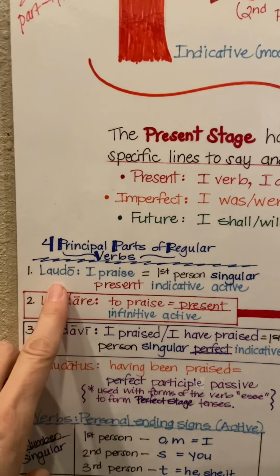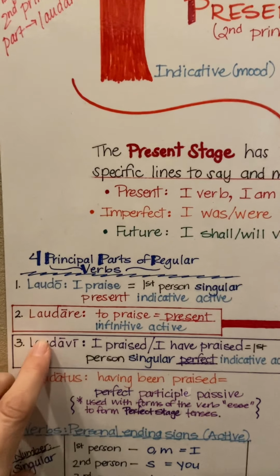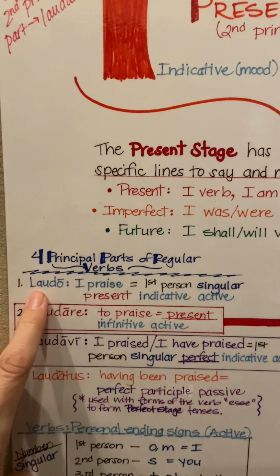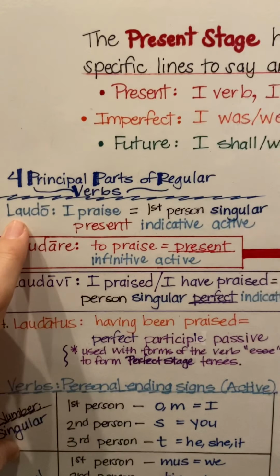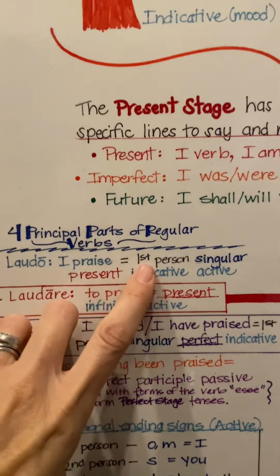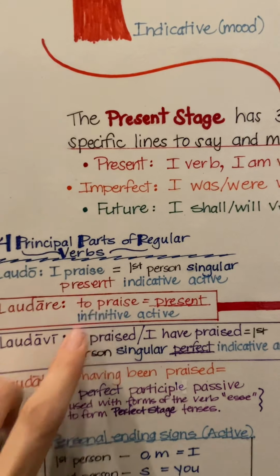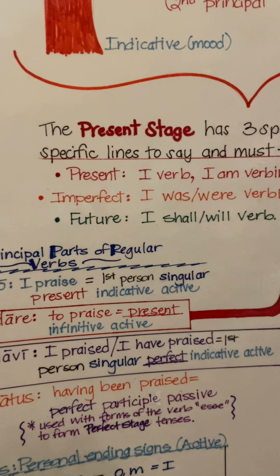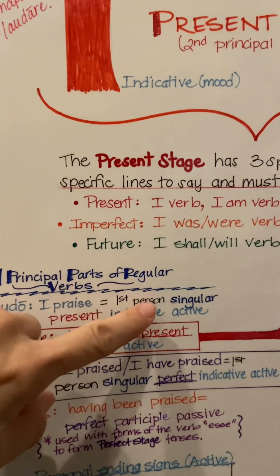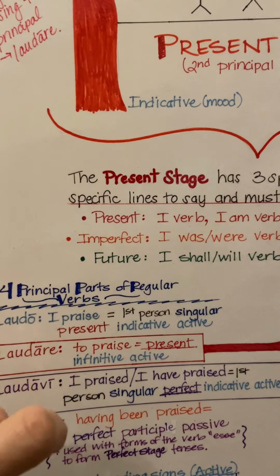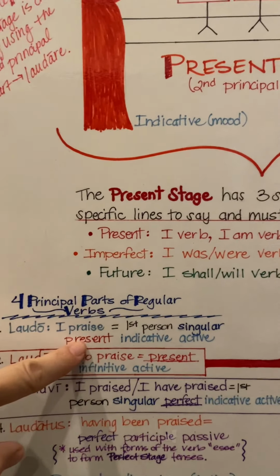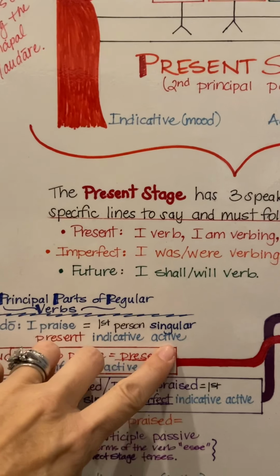So it starts off and we have laudo, and we're using laud as the stem here. And so we show laudo means I praise. It's first person singular, present, indicative, active. So it is hitting person, which is first, and number, which is singular. It tells us the tense, and it tells us mood and voice.